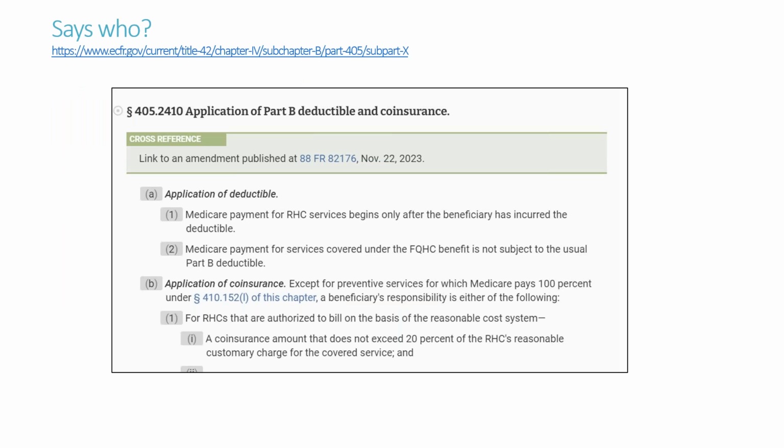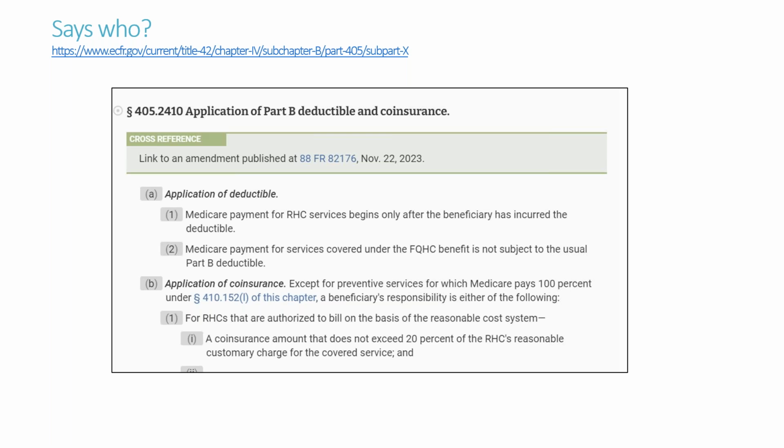So somebody asked me on a webinar that I did for the state of Oregon earlier this week, well, who came up with this crazy payment system? Who came up with this crazy deductible and co-insurance methodology? And it came straight out of the Federal Register, the federal code that started RHCs.